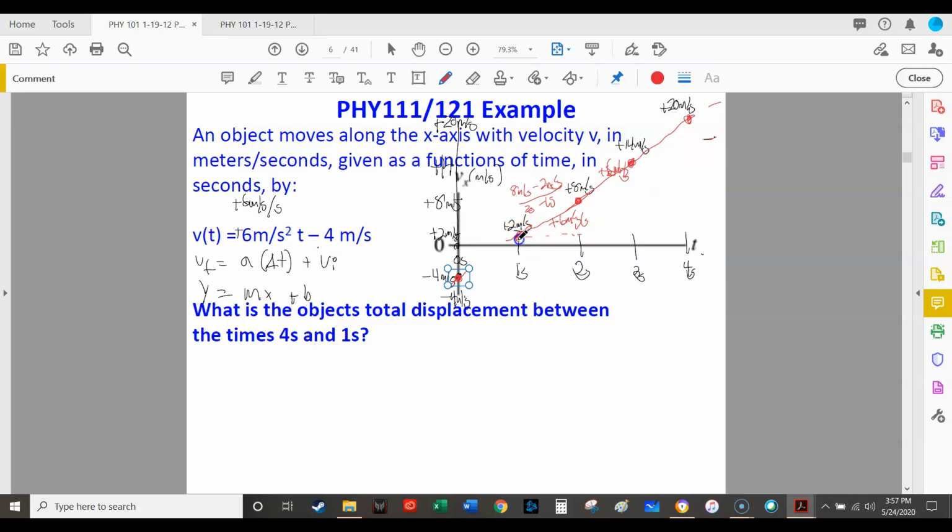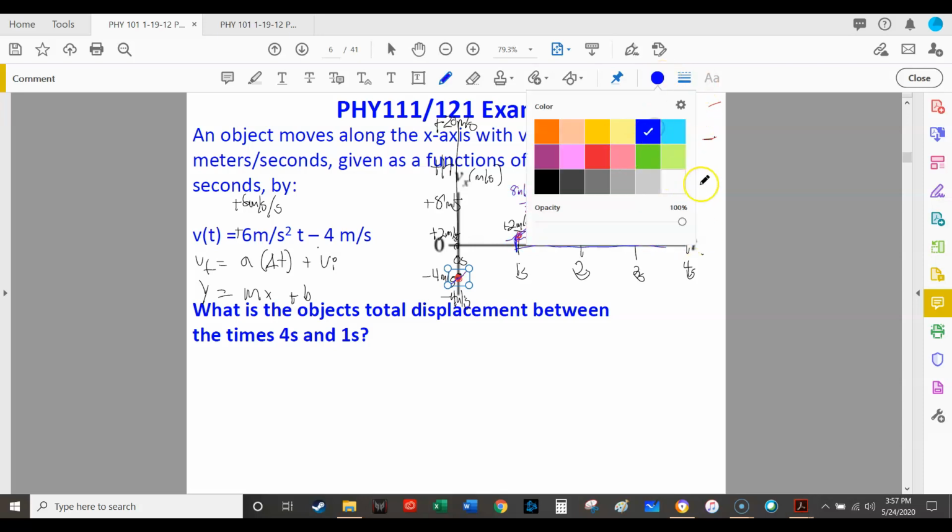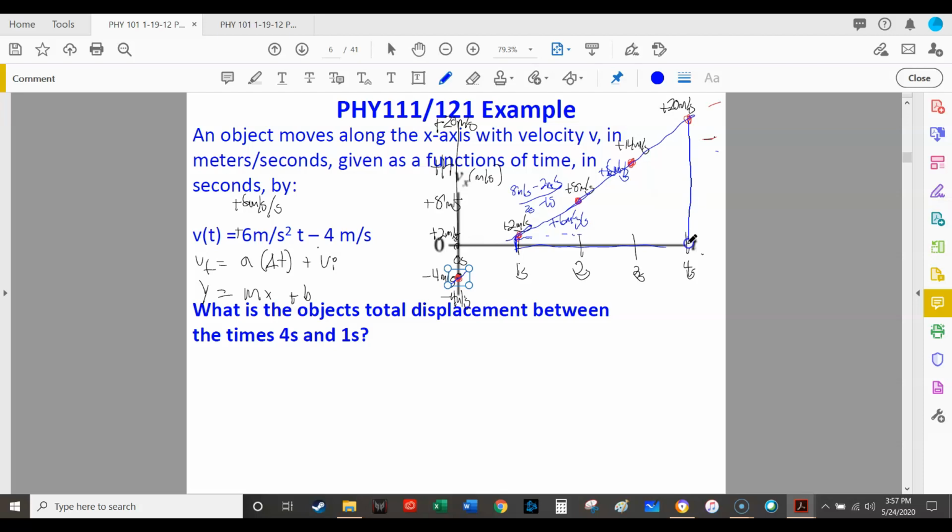Okay. Well, if we now look at this, the area under the curve, area relative to the 0 mark, is going to be this. We're trying to get the displacement from 4 seconds to 1 second. Well, that has to go to the 0 mark.